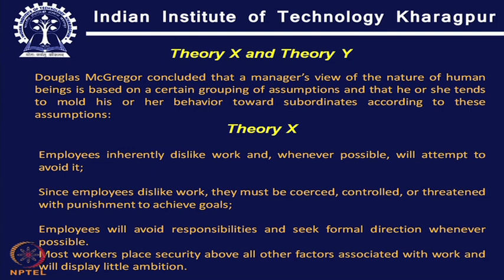McGregor concluded that managers' view of the nature of human beings is guided by certain assumptions, and these assumptions are called theory X and theory Y. According to theory X, people inherently dislike work and whenever possible will attempt to avoid it. Since employees dislike work, they must be coerced, controlled or threatened with punishment to achieve the goals.